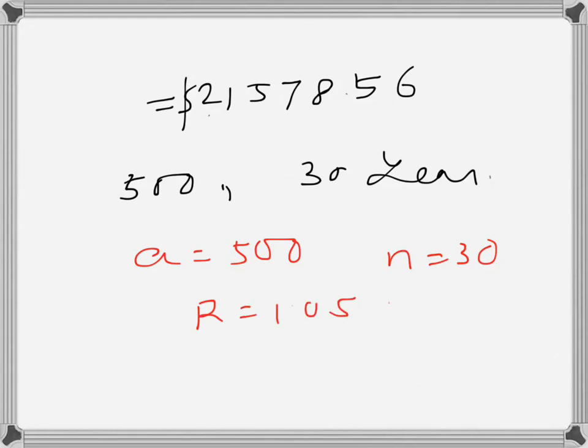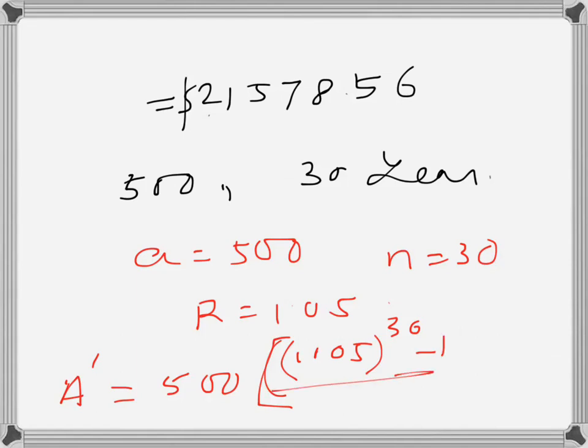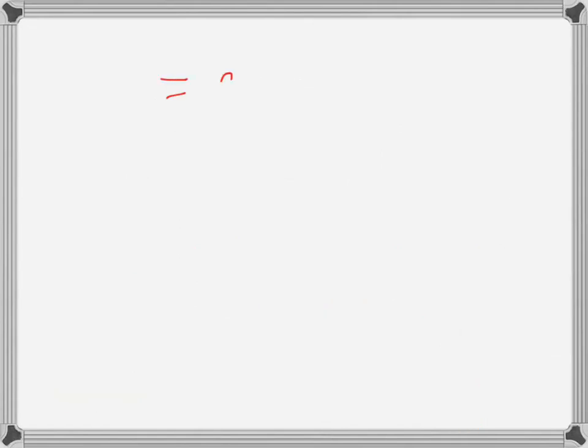So our summation in this case, let's call it A prime, will be 500 times 1.05 to the power 30 minus 1, over 1.05 minus 1. That will be $33,219.42.